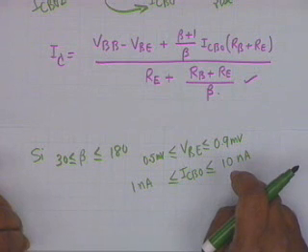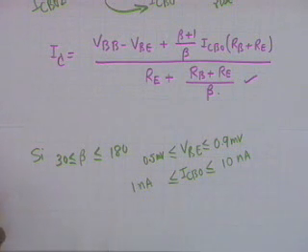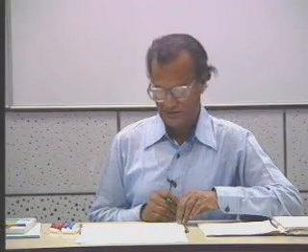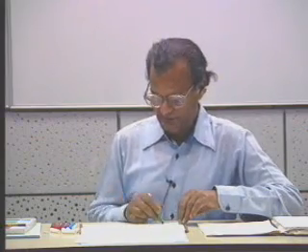Okay, what we want to know is what is the worst case variation in I sub C. Obviously then you would want to know what the circuit is. Let's look at the circuit now.